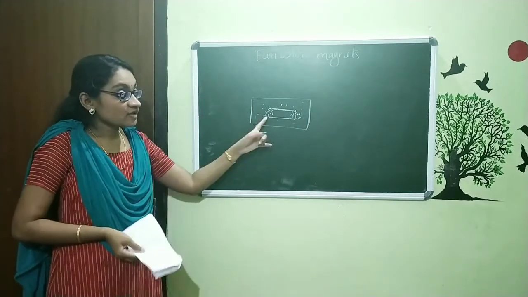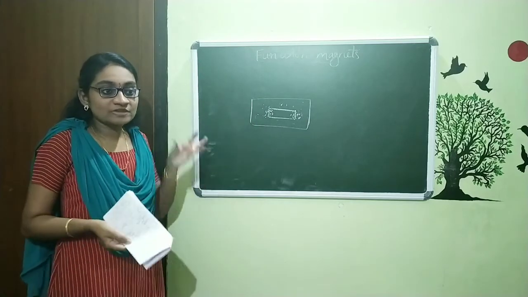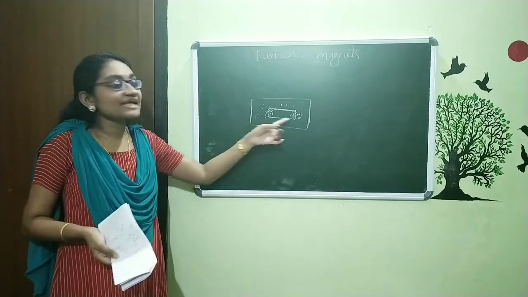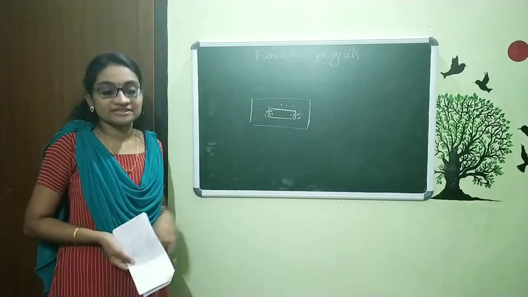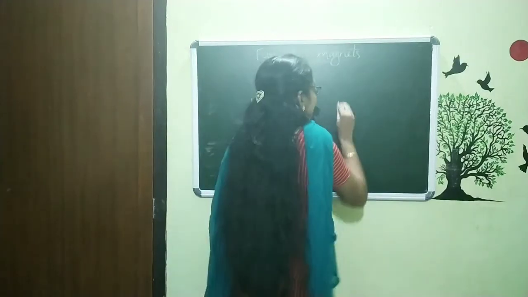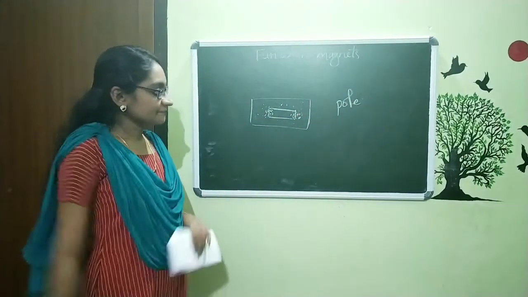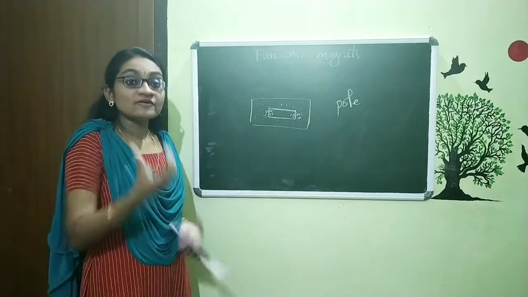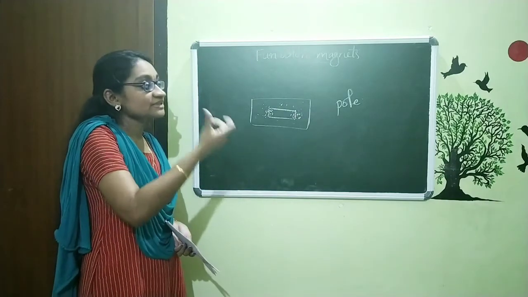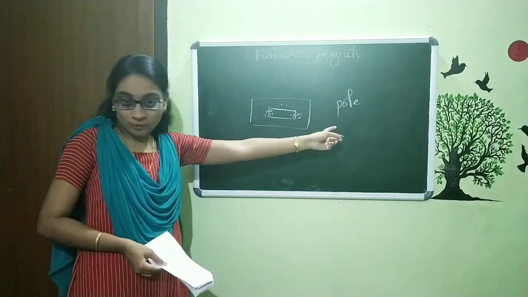Actually, for a magnet, its attraction or power is concentrated in a particular region, and I can call it a pole. Pole of magnet. That means the power of the magnet is concentrated in a particular region, and so I can call it a pole.